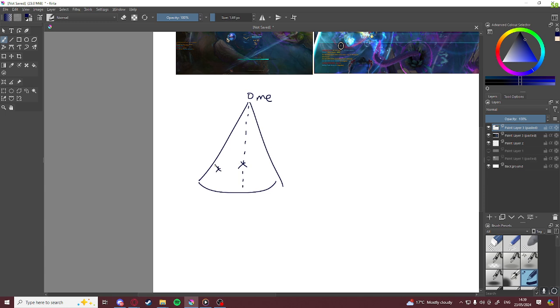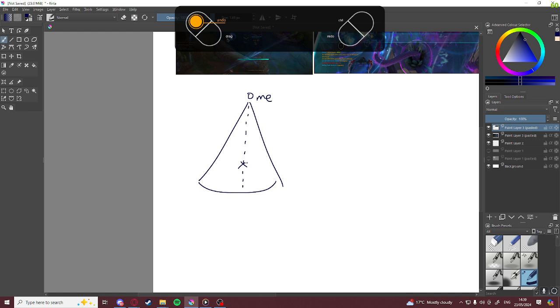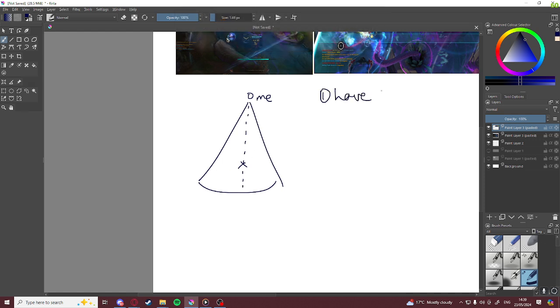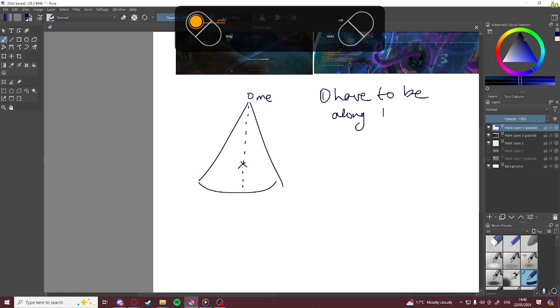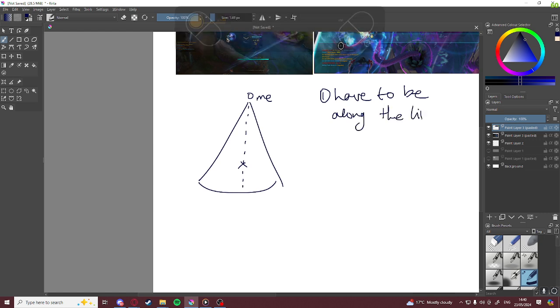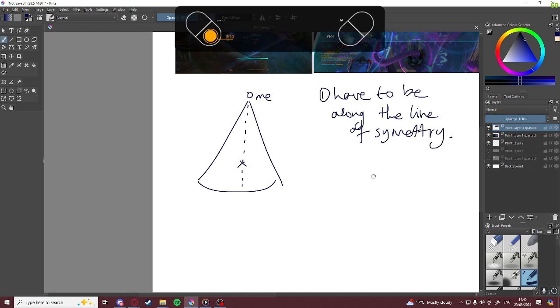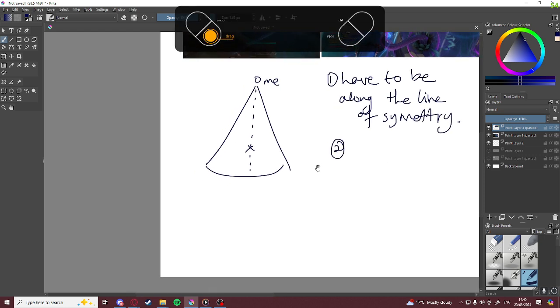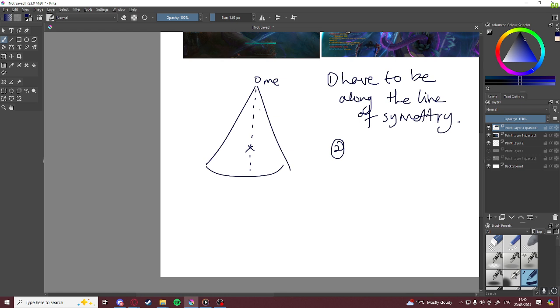Because if they were here, they would just have to run here. So number one, they would have to be along the line of symmetry.